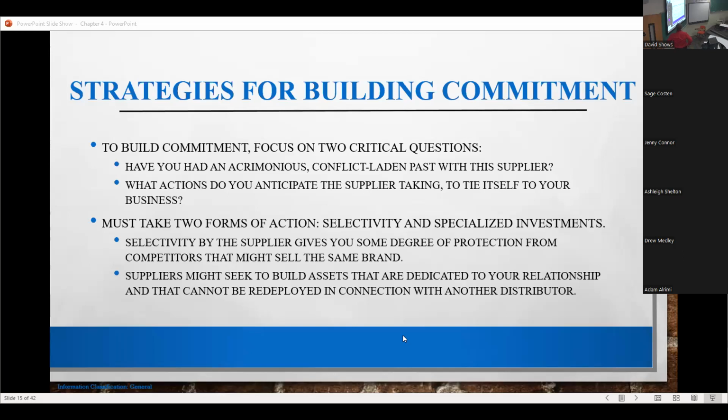One is selectivity, and the other is specialized investments. Selectivity by the supplier says basically you are going to select that brand as the only one that you sell. It means that you forsake all others, such as steel.